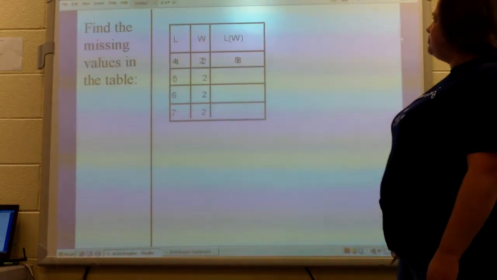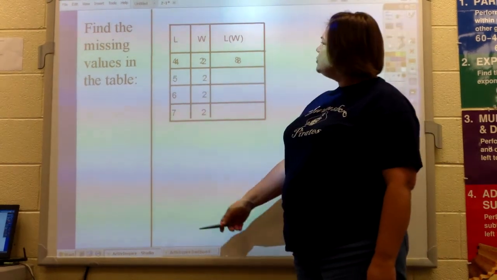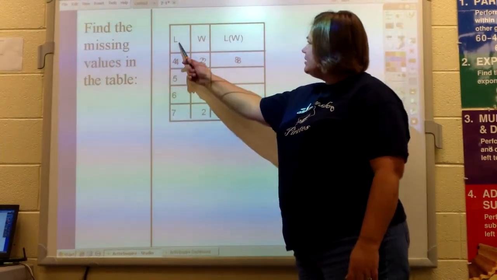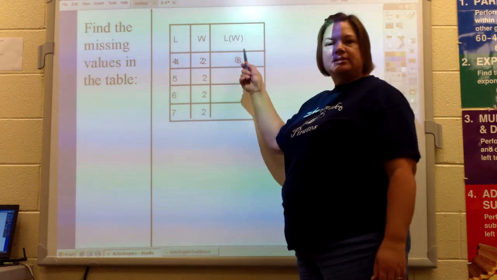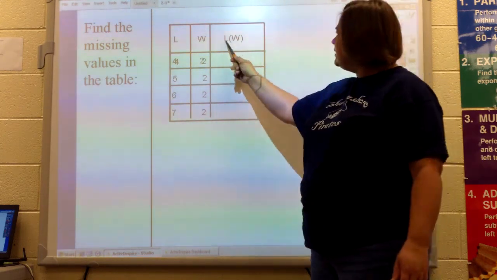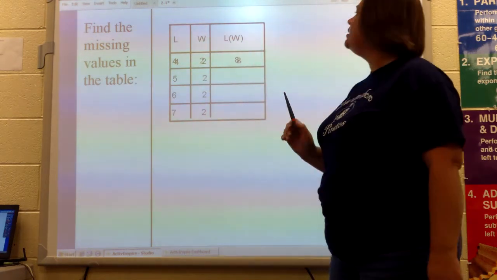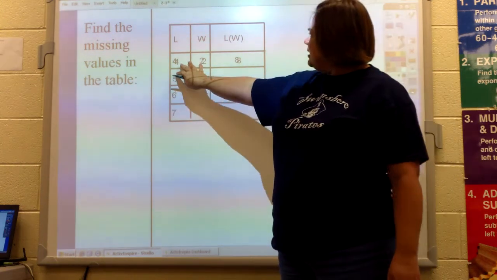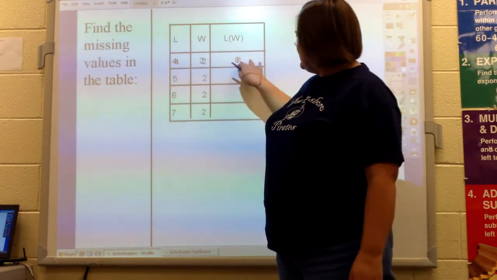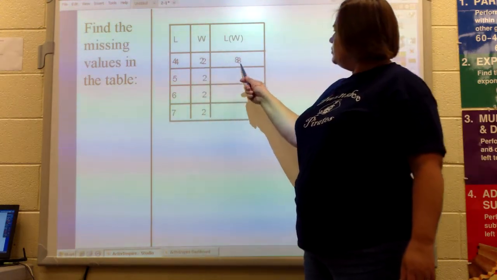Let's look at another example of that. Find the missing value in the table. Well, this one is length times width. Remember, our parentheses means we're multiplying when we have a letter or a number sitting outside of those parentheses with no operation signs. So that's just length times width. So my numbers are a little, something happened here, but that's a 4, 2, and an 8. So 4 times 2 is 8.